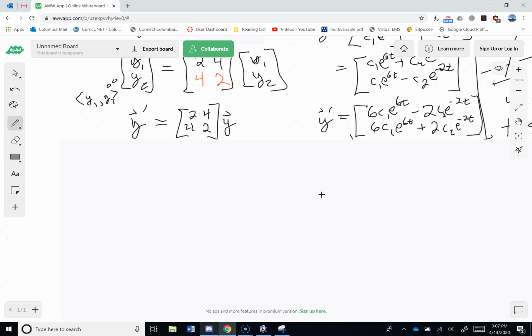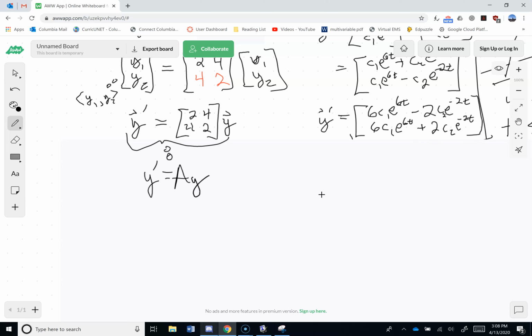So when I look at this differential equation here, I'm seeing something along the lines of y prime is ay, right? Where a is a number-ish.